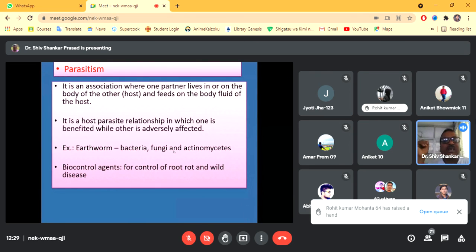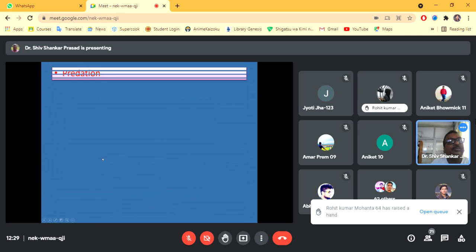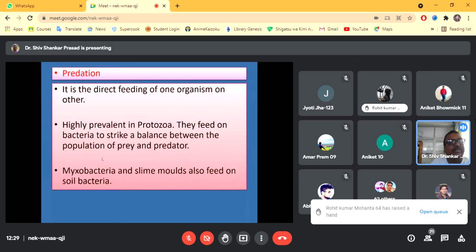So it is a host-parasite relationship in which one is benefited while the other is adversely affected, like the earthworm-bacteria relationship, or actinomycetes, which feed on these microbes. The biocontrol agents for control of root rots and wilt disease control the disease by these roles.